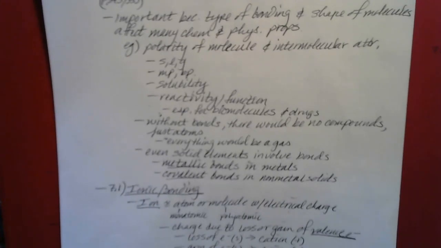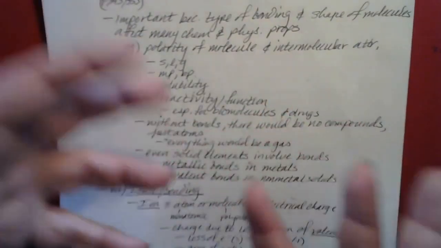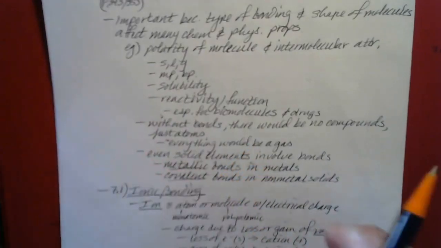Even elements that are liquids, like say bromine. Bromine is a diatomic element, so bromine atoms actually have a bond with another bromine atom. That's a bond. And it's the size of the molecule that allows it to condense into a liquid.